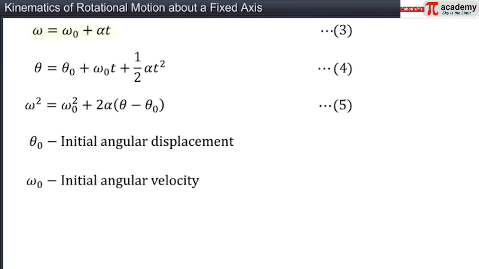Equations 3, omega is equal to omega naught plus alpha t; 4, theta is equal to theta naught plus omega naught t plus half alpha t square; and 5, omega square is equal to omega naught square plus 2 alpha into theta minus theta naught are the kinematic equations for rotational motion with uniform angular acceleration.